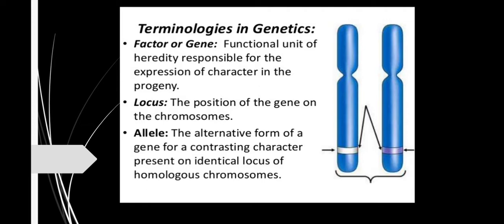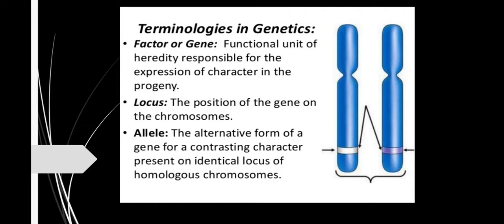So alternative form of gene for a contrasting character present on identical locus of homologous chromosome. We know homologous chromosome, we have studied in class 11. It is the position, then the structure, the shape of the two chromosomes we inherit, one from a mother and one from a father, is called a homologous chromosome.